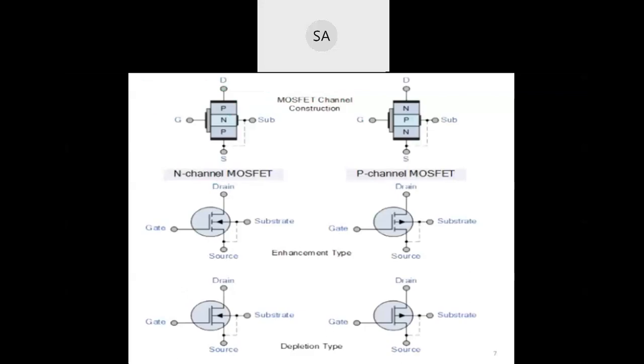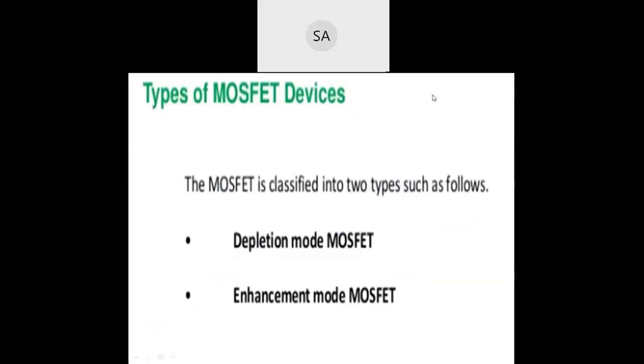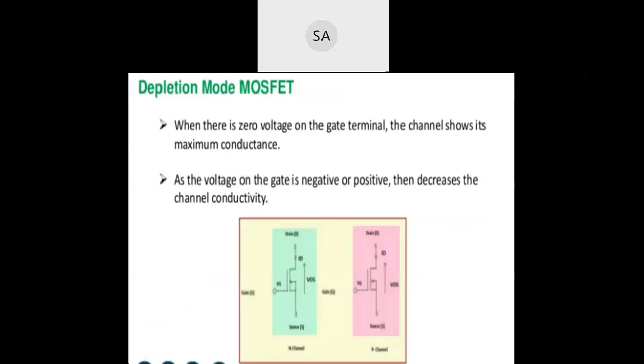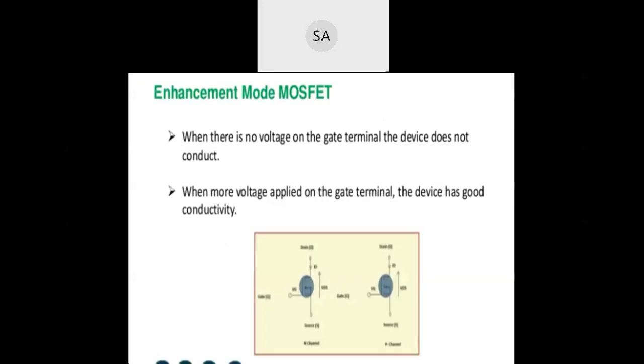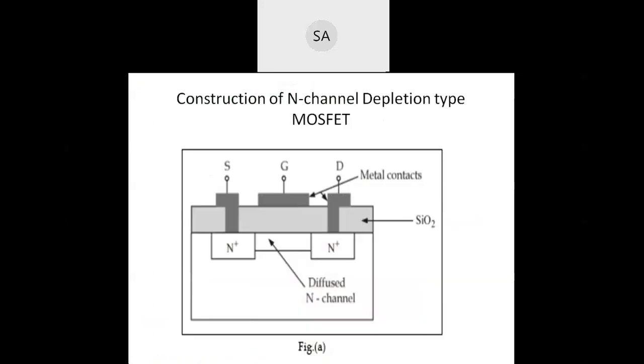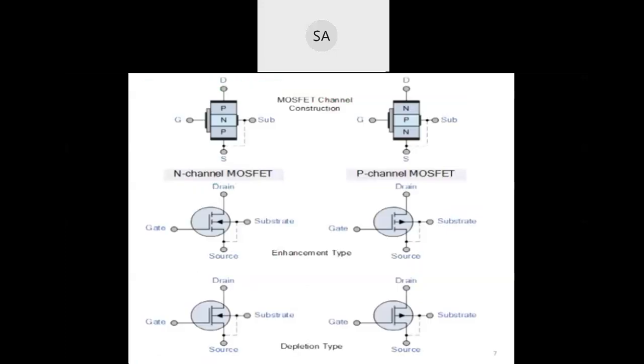In this enhancement mode MOSFET, the P-channel MOSFET consists of a lightly doped N-type substrate, into which two heavily doped P regions are diffused.